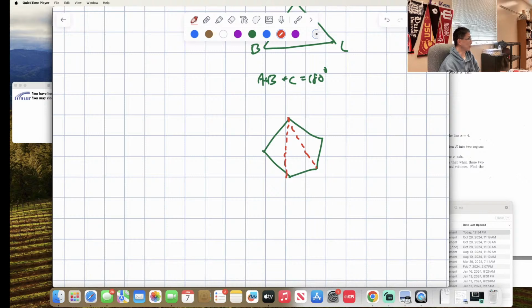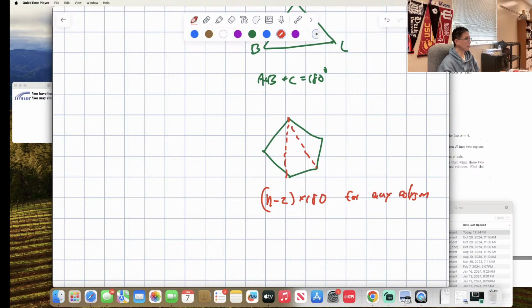Inside the pentagon, there's 3 triangles. It's actually known as n minus 2 times 180 for any polygon. Oh, I remember that. You remember that? I did it in 8th grade.